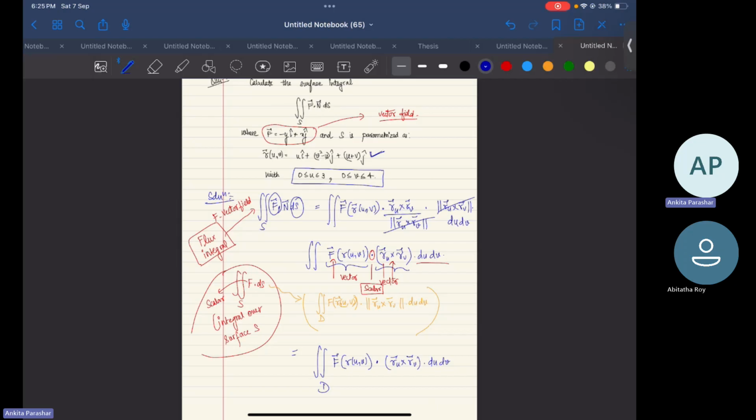Your F is given to you. x and y have been given to you. How to change that? And there is no Z, there is no k cap for F. You can just simply write 0 dot k cap.